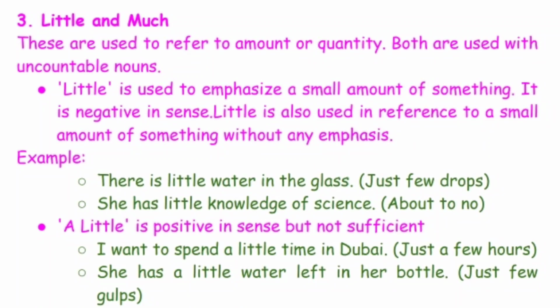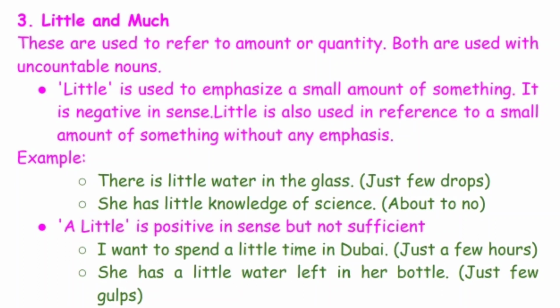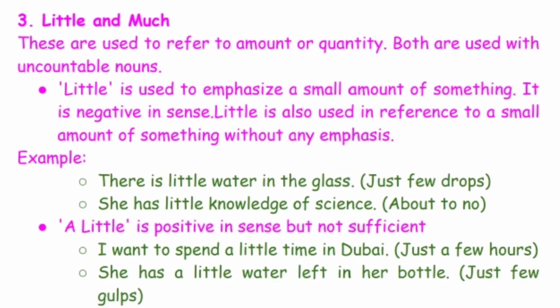It is negative in sense. It's very easy to understand. Friends, there are three forms: little, a little, and the little. So little, in these three, gives a negative sense. It means hardly any. It's about to nothing.